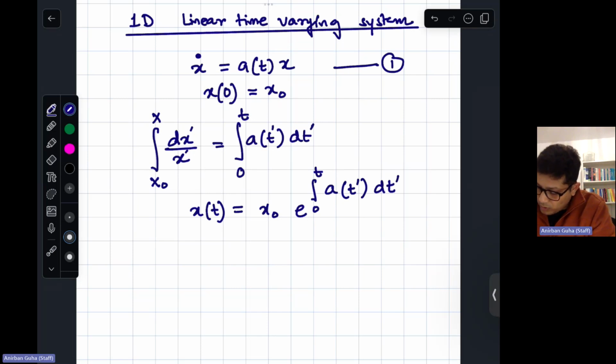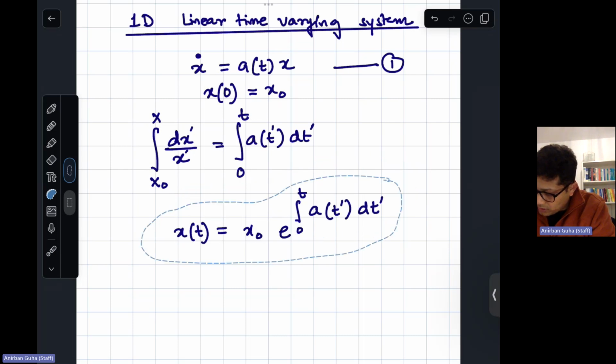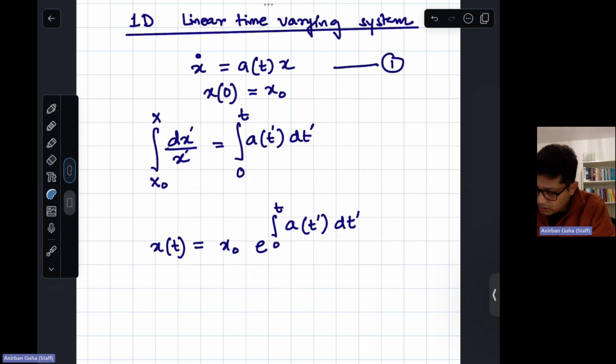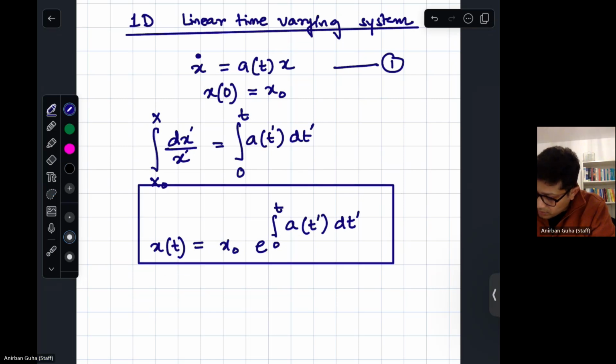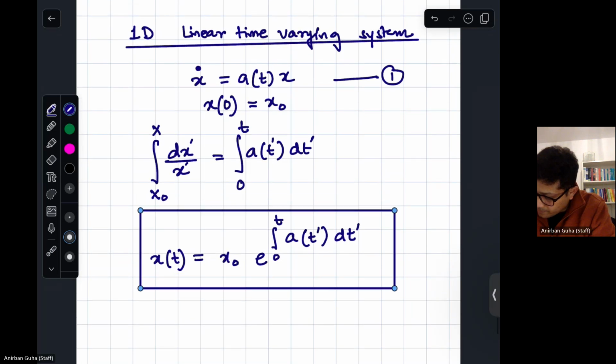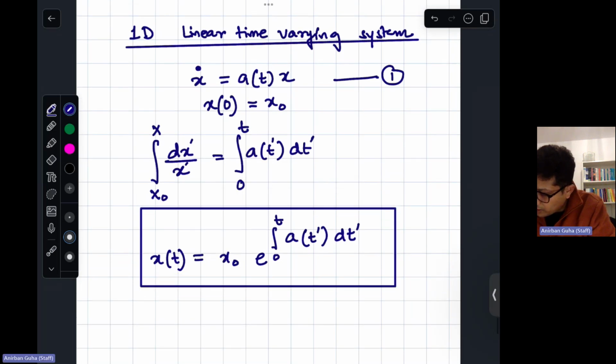So this equation is a very important equation here, because this is the solution to system 1. Let me put a box around it, and call it equation 2, right?